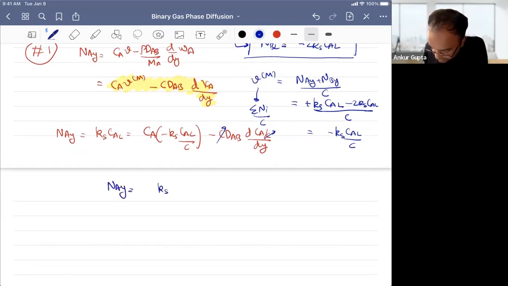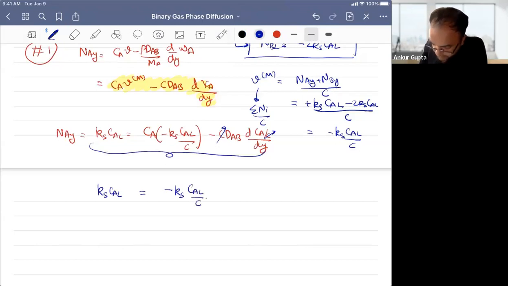Forget the NAY, because I'm just equating these two terms now. K_s C_AL equals minus K_s C_AL by C times C_A minus D_AB dC_A by dy.